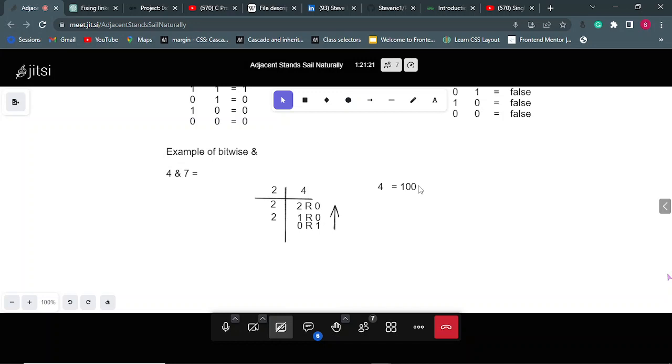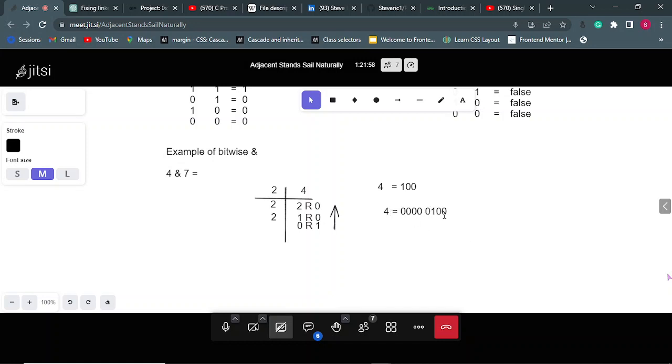So for me to get this 4 as a byte, I have to have 8 bits. Inside one byte we have 8 bits. So I have to complete this to be 8 bits. Then my final answer for 4 will be 00000100.